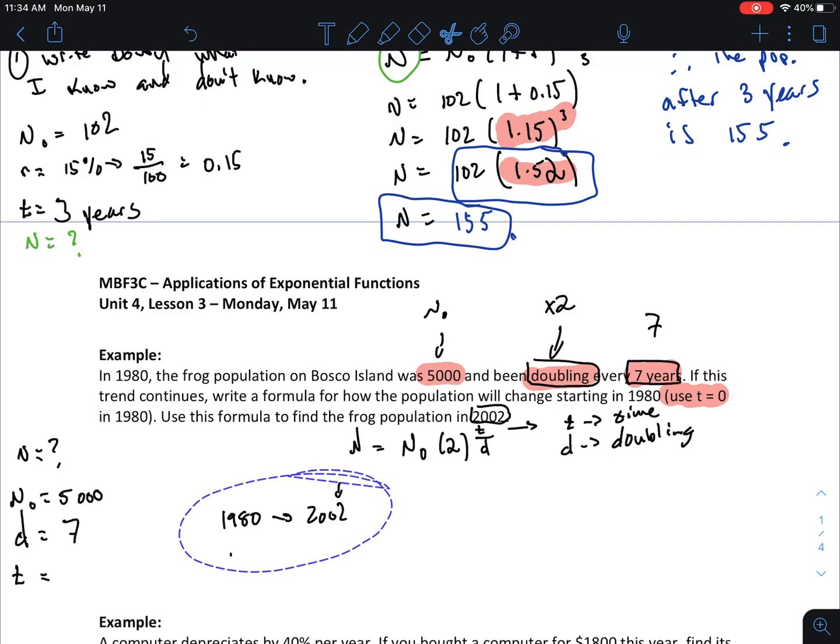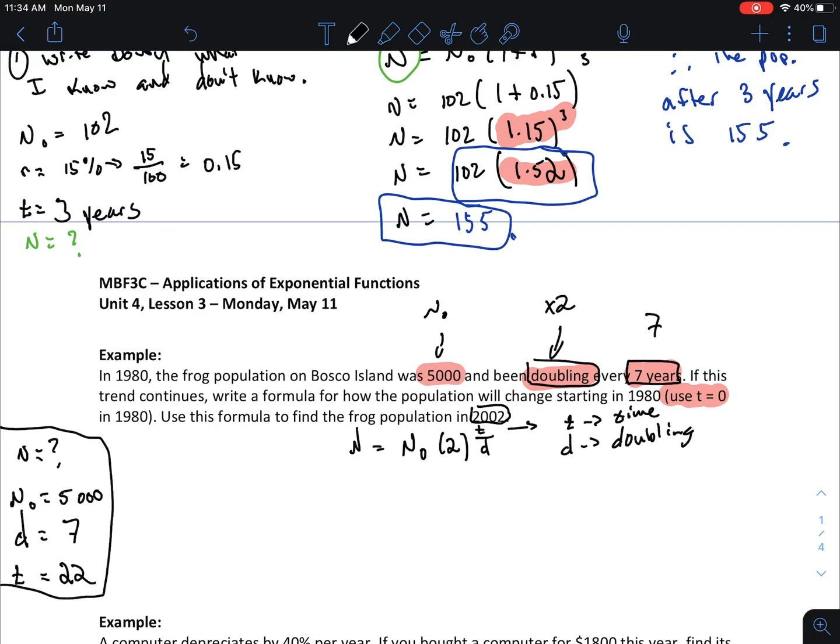Well, 1980 plus 20 would reach 2000, plus another 2 would be 22, right? So our t value is going to be 22. And now you have your list of knowns and unknowns. You plug them into the equation first. That's your first step. Then you can deal with whatever's going on afterwards.